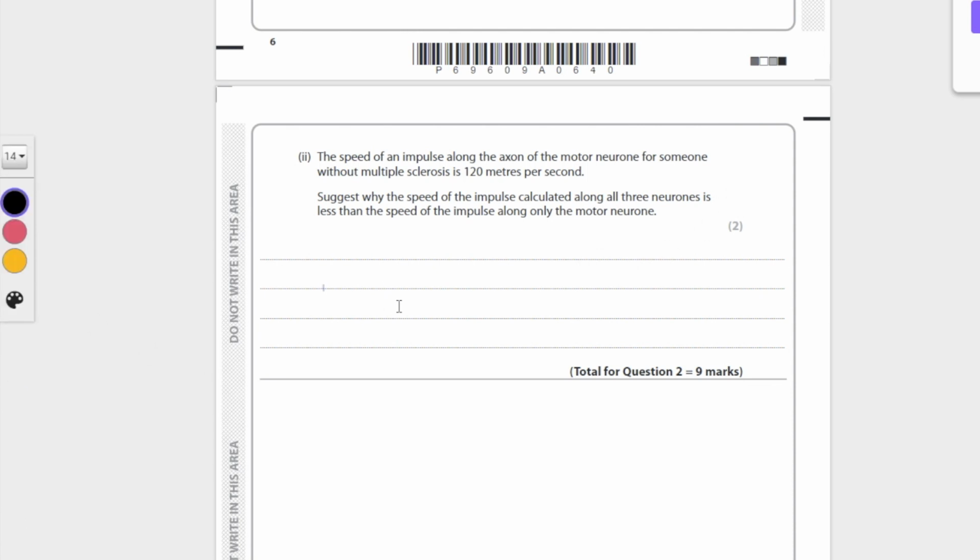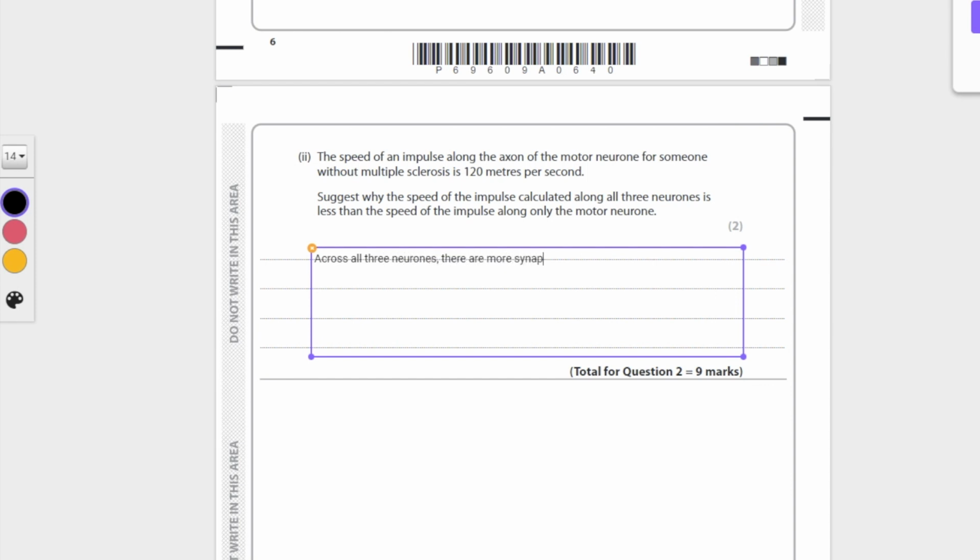It's asking why the speed along the motor neuron is higher than across all 3 neurons combined, and the reason is that across all 3 neurons there are more synapses, which transmit by chemical diffusion of neurotransmitters.